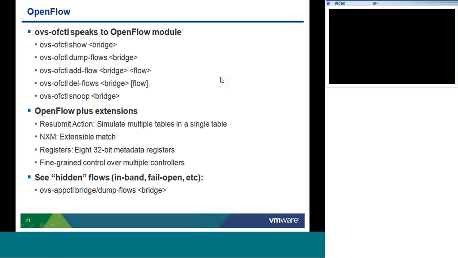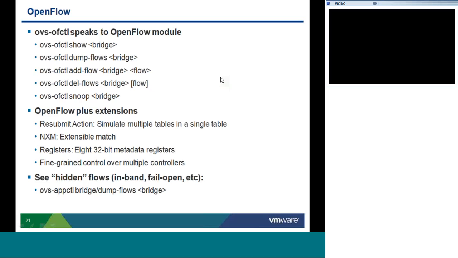Okay, so we'll go through a few of the utilities. ovs-ofctl is used to speak OpenFlow, so it actually is an OpenFlow agent. If you add a flow, it does the appropriate flow mod OpenFlow message, connects to ovs-vswitchd, and sends that OpenFlow message. So these are some of the commands. ovs-ofctl show, you specify the bridge.